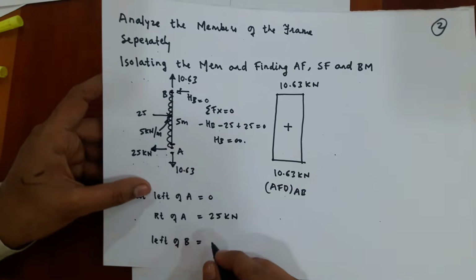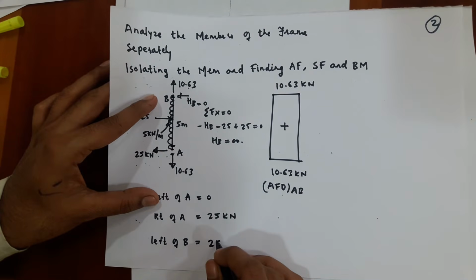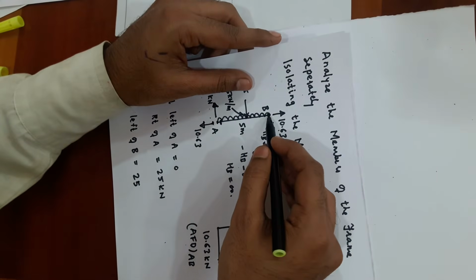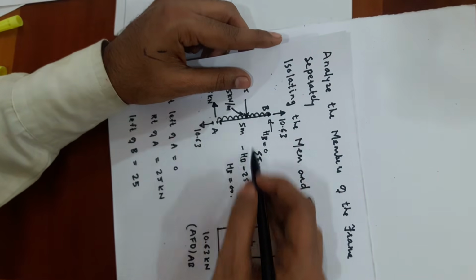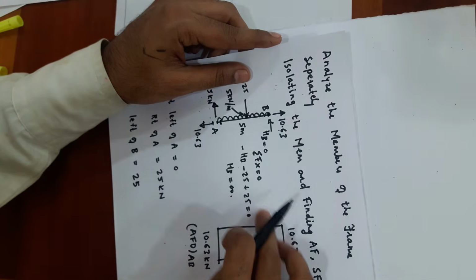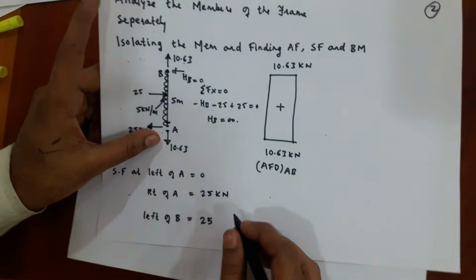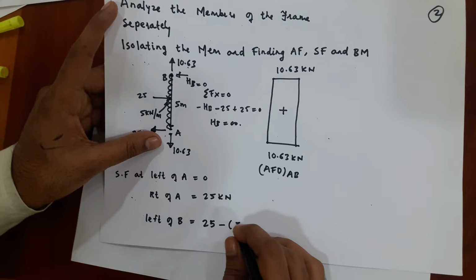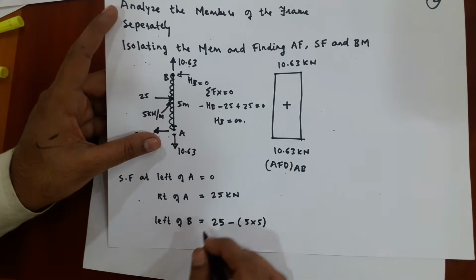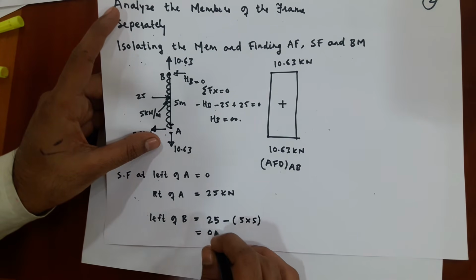Minus 5 into 5. The shear force at left of B is 0.